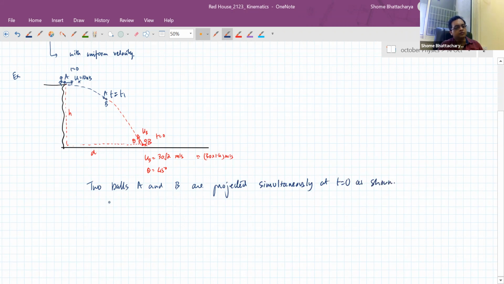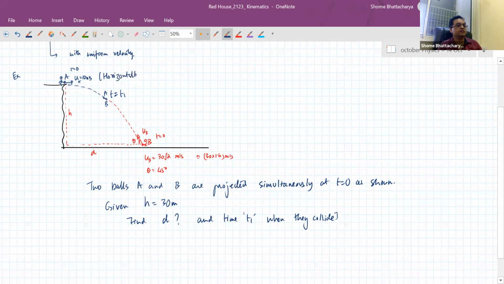Now, given that H is equal to 30 meters, find D, that is this horizontal distance, and the time T1 when they collide. So using the information given in the question, this is a horizontal projection: A is projected horizontally at 10 meters per second, and B is projected obliquely at an angle of 45 degrees with a speed of 30 root 2 meters per second.